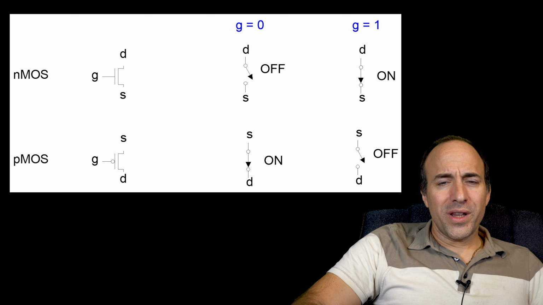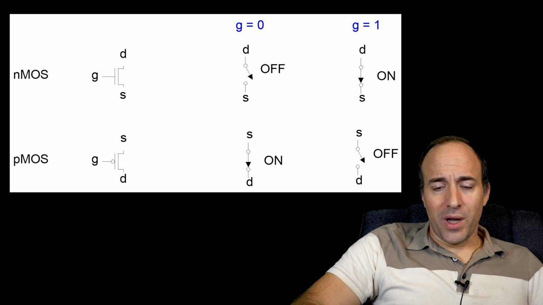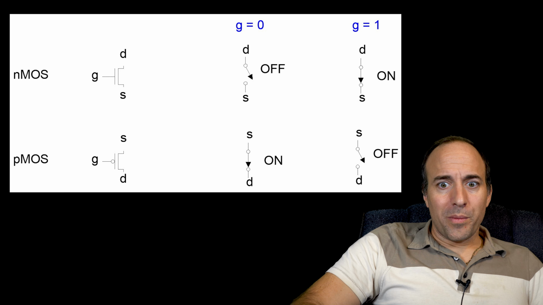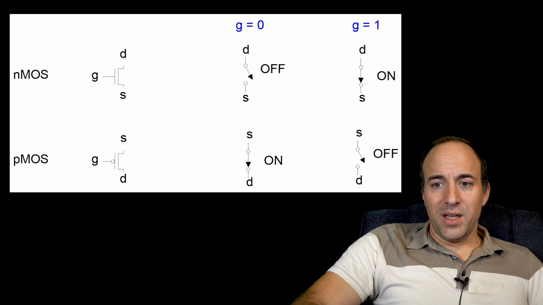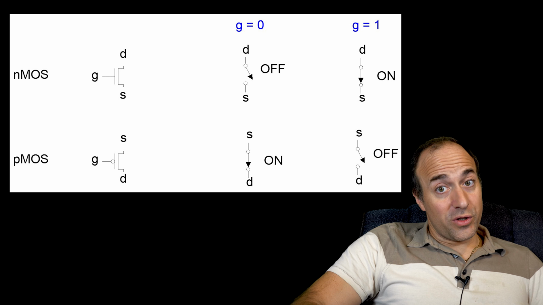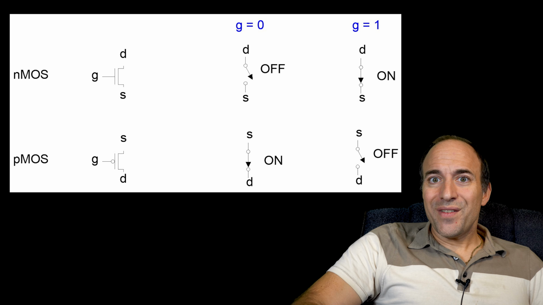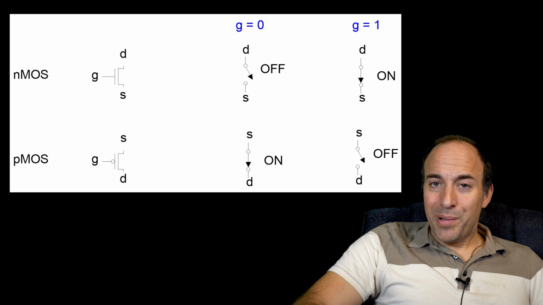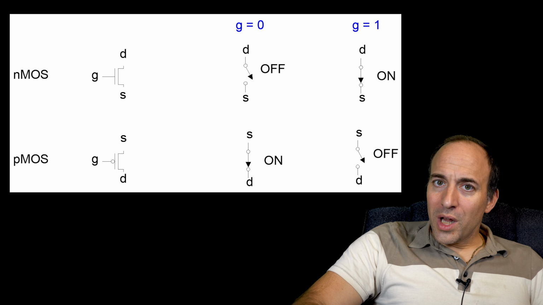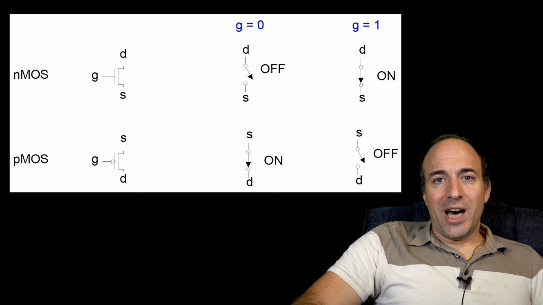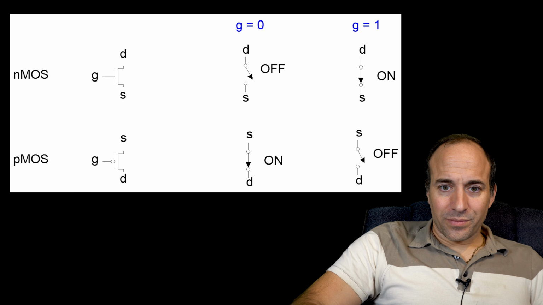So you want the gate to be as far as possible away in voltage from the channel or the substrate, which of course is normally connected to VDD. So the source and drain should be close to the VDD levels, which is why the PFET is used to pull up the output of the logic gate.